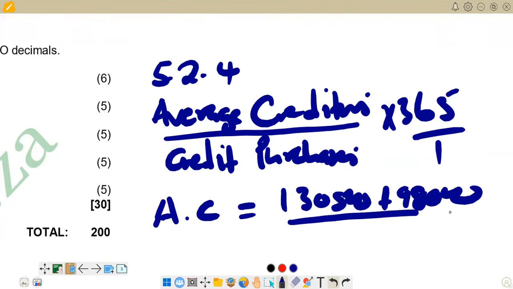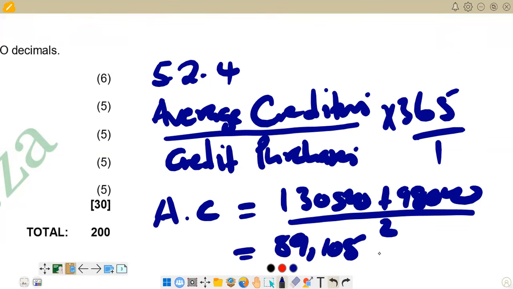Then we divide by 2 to get the average. If you do that correctly, obviously, we are going to have some decimals there, 89.10523. So this is what we have. On this one, we are now going to round it off again, remember, to 2 decimal places.